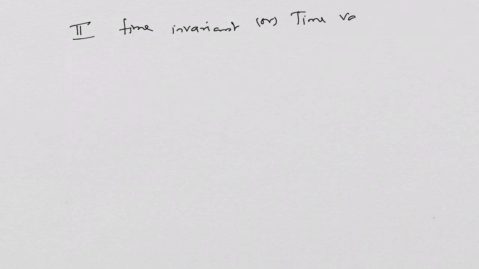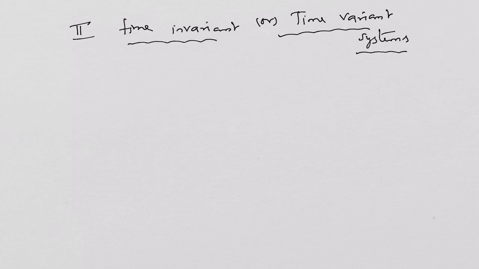Another category in the classification is time invariant or time variant systems. Very popular keyword. You have to classify the systems whether they are time variant or time invariant.